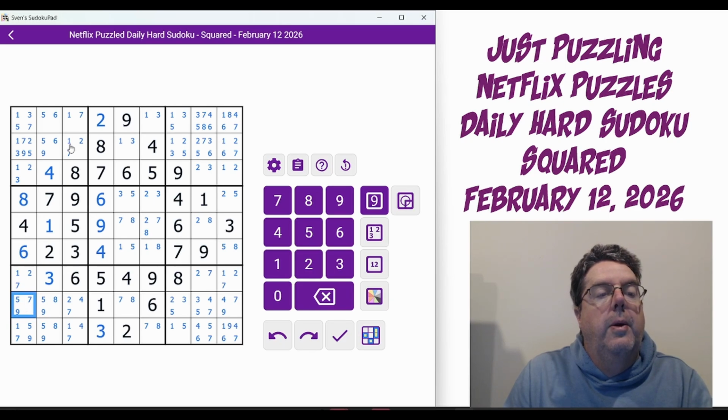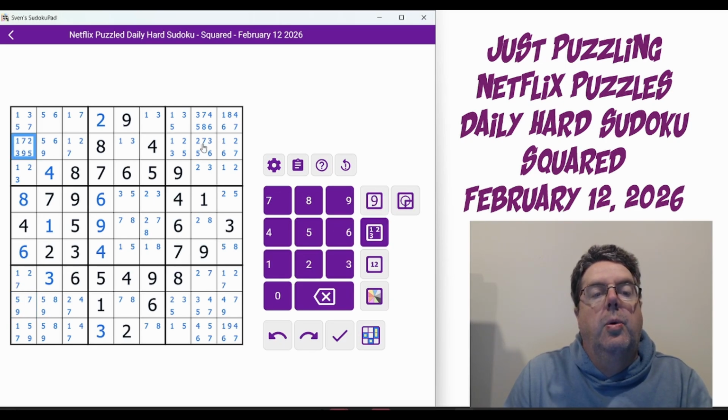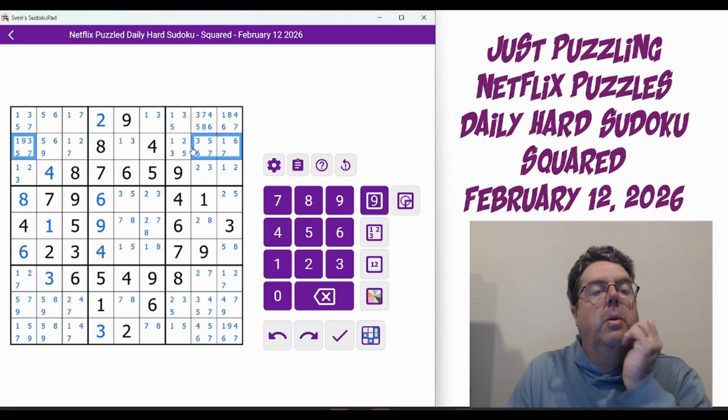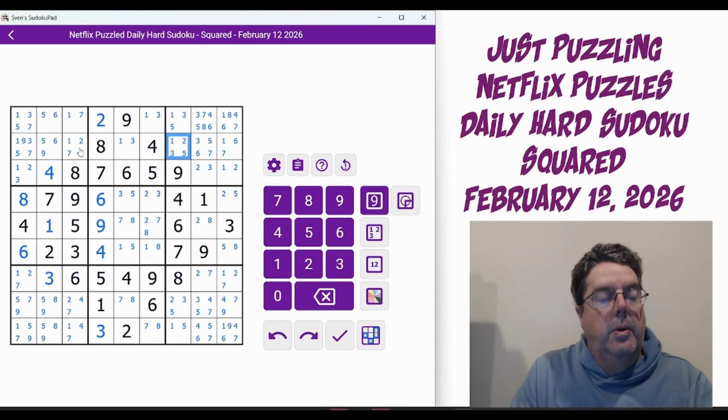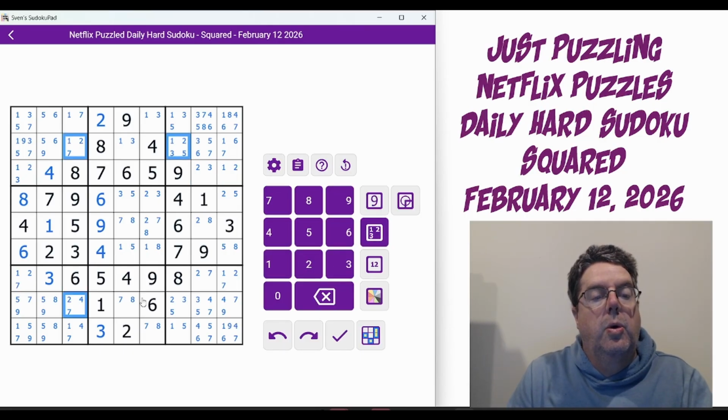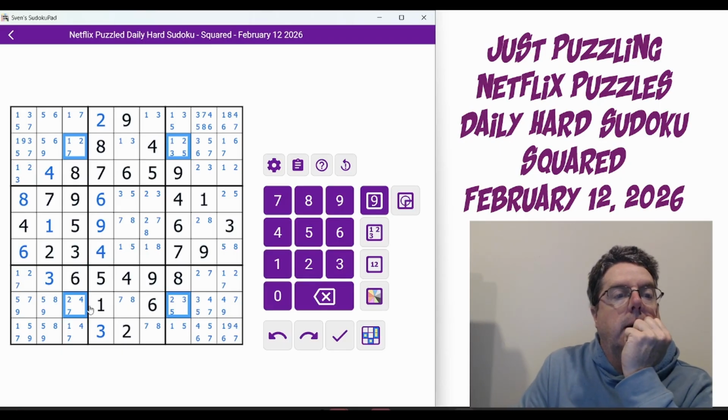I've got to work my way through the other 2's. This can't be a 2, and they can't be a 2. Right, so I think that they can still be a 2, so that's a 2, 2, 2 and 2, so the others can't be a 2 there. Alright, so that makes sense, they can't be a 2 there, and they can't be a 2 there, so 2 can be here and here, 2 can be here and here.